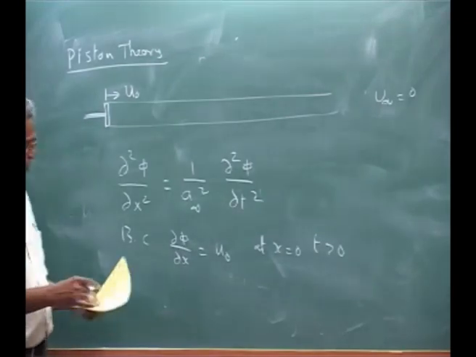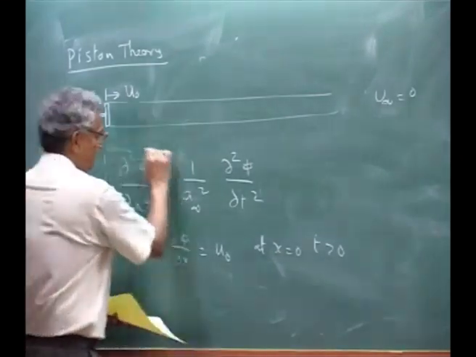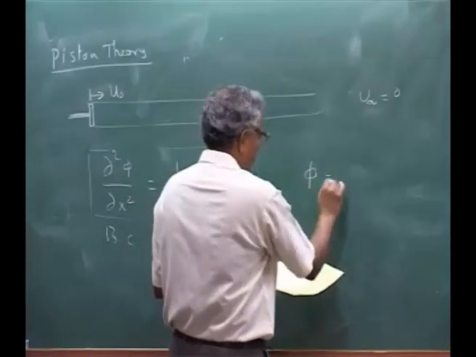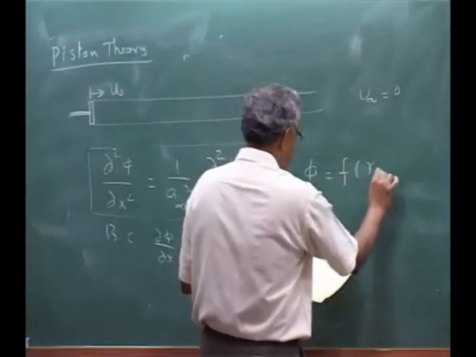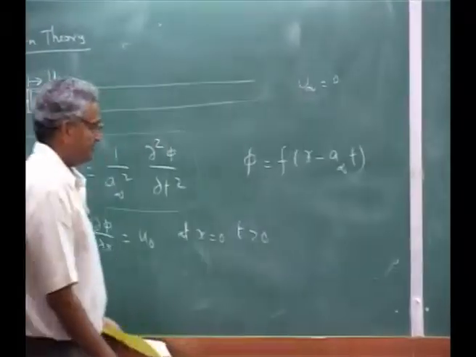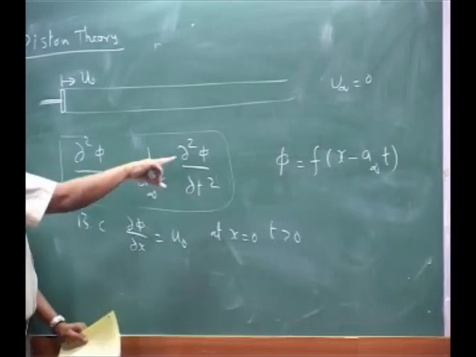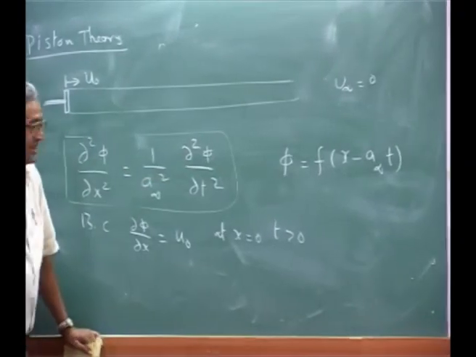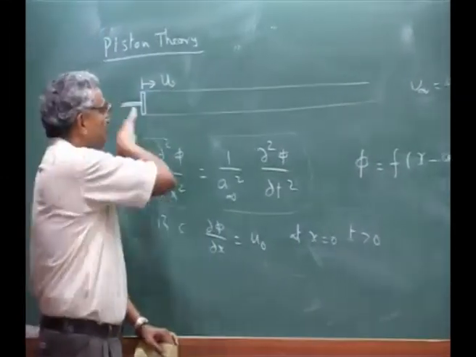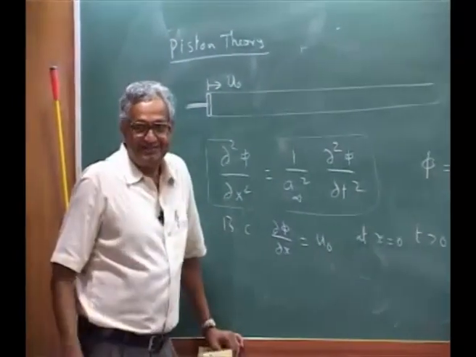Now for this, the solution, this is the wave equation. You can always write the solution as phi equals f of x minus a infinity t, but I will take only the x minus a infinity t because this is the wave which is propagating on the right side.